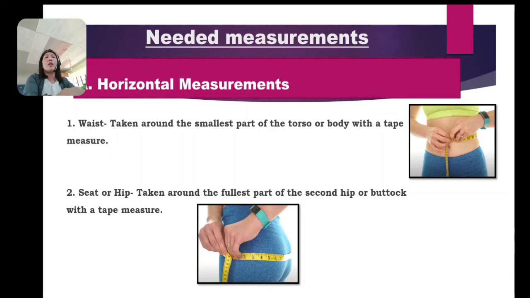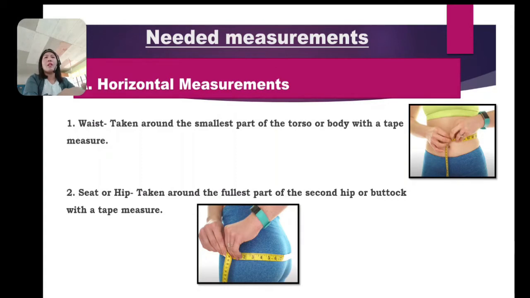So as you can see on the picture, that is how you're going to measure your waist measurements, and you need to keep in your mind the tips on how you're going to measure the body measurements needed for pants or our trouser.